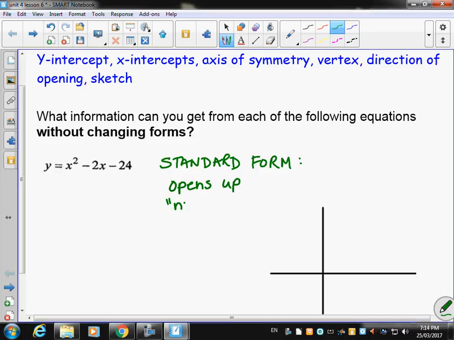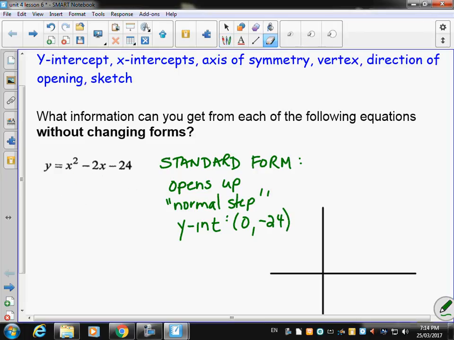Normal step pattern, because there's an invisible 1 in front of the x squared term. And I know in standard form the last number is the y-intercept, because if I were to substitute a 0 in for x here and here, the only thing left standing would be the negative 24. So standard form gives me my y-intercept.